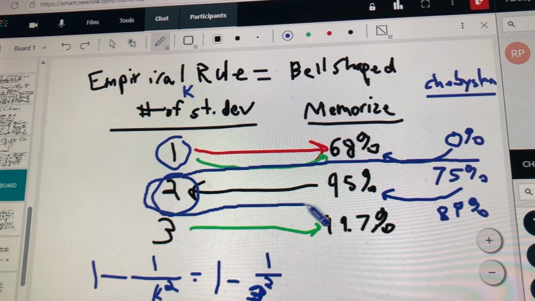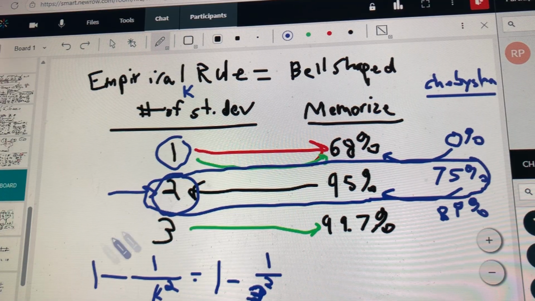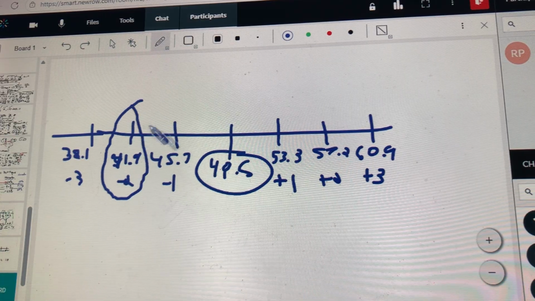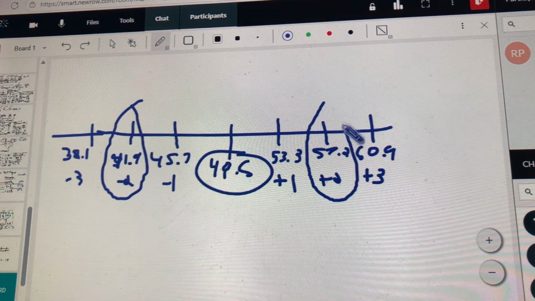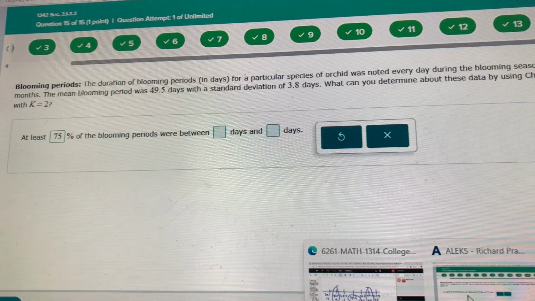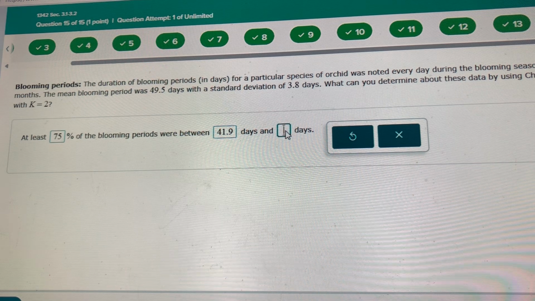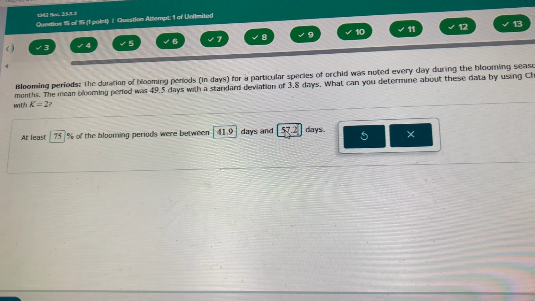That tells me to go 2 places each way. So get to +2 and -2 on your number line, and those are the two answers. This 41.9 and the 57.2. So it works just like empirical, just the percentages are smaller for each level.